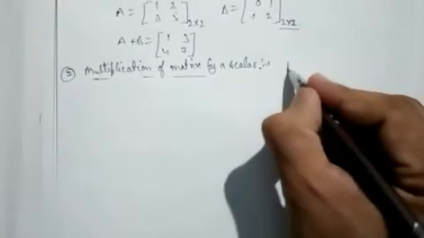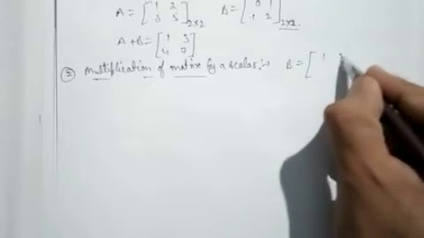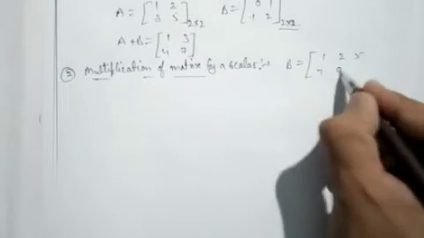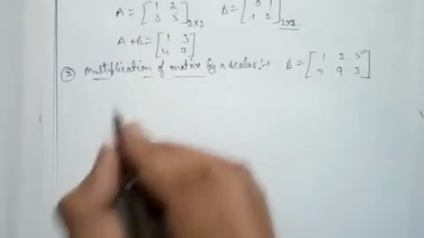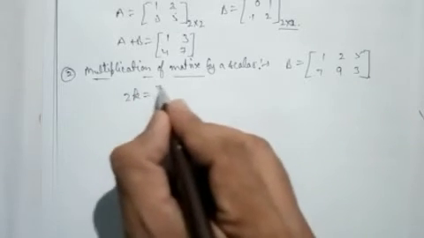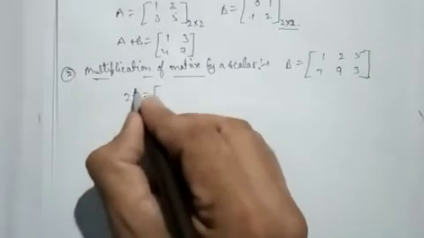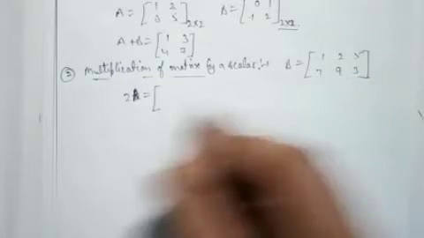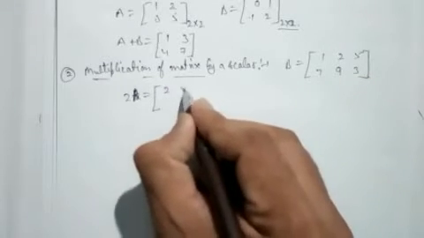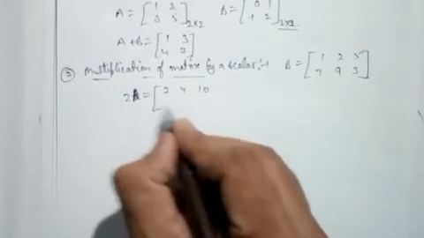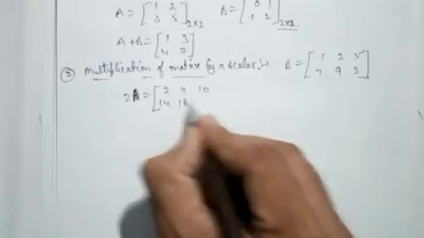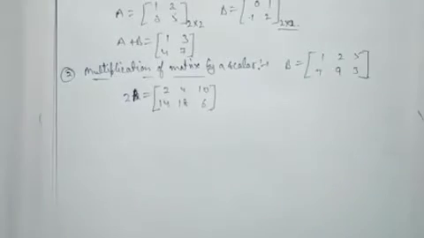If we have a B matrix 1 2 5, 7 9 3, and we would like to find 2B, we have to multiply all elements by 2. First row is multiplied by 2, so 2 4 10. Second row is also multiplied by 2: 14 18 6. So this is the 2B matrix. Clear?